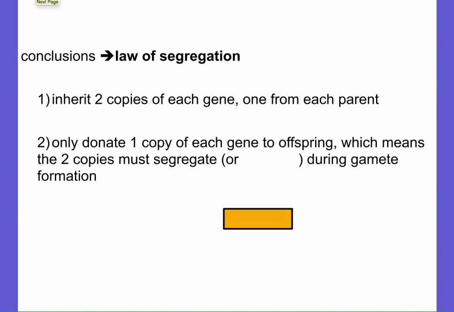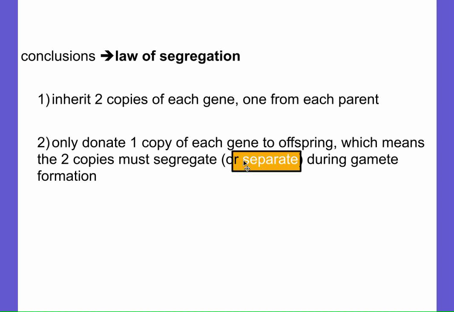His conclusions from this experiment led to the law of segregation, right? And that law of segregation basically tells us that you inherit 2 copies of each gene, one from each parent. And that second part of that, each parent only donates 1 copy of each gene to their offspring, which means that the 2 copies must segregate or separate during gamete formation.